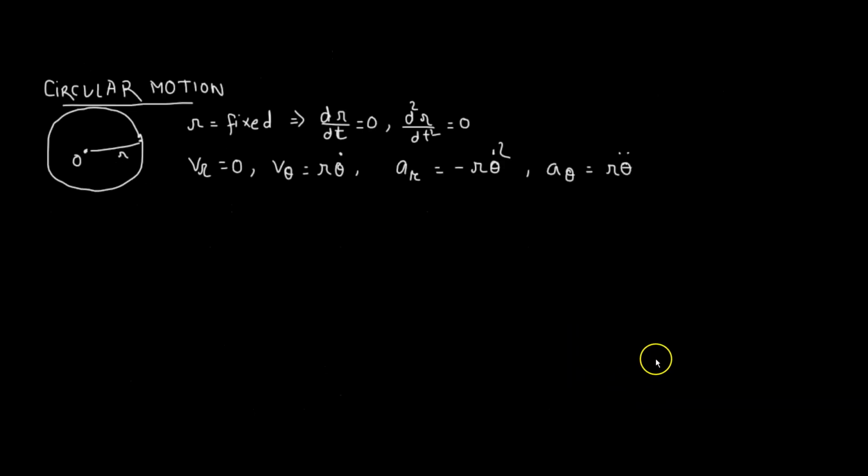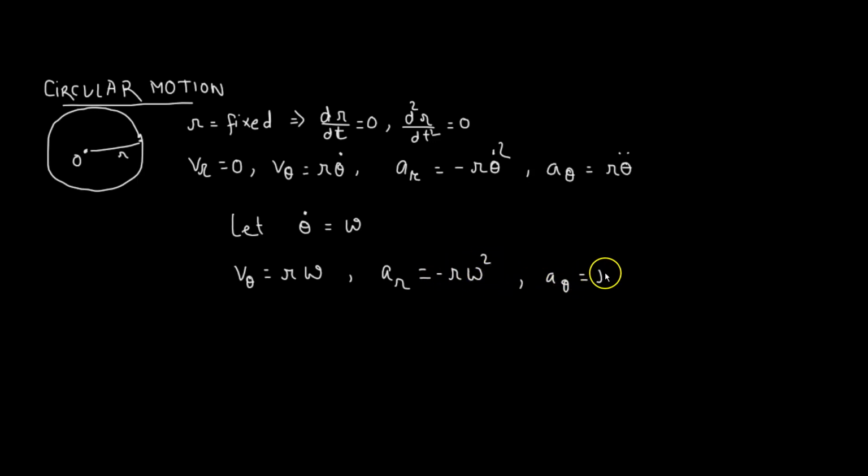Now suppose that theta dot, the rate of change of angle theta, is given by omega. Then v of theta equals r omega, where omega is the angular velocity, a of r will be r omega square, and a of theta will be r omega dot.